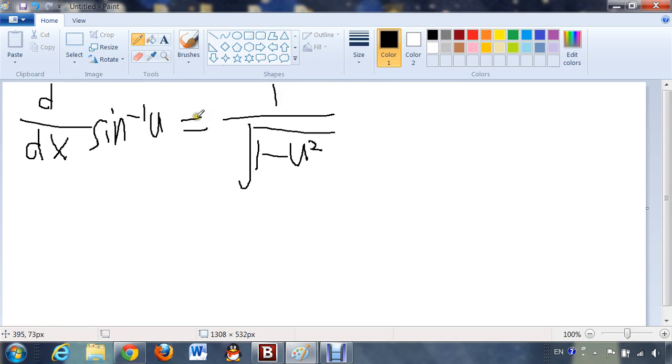Now remember, all we've been doing so far is mostly taking the derivative of a function. So assuming this sine inverse of something is a function, let's call this y.